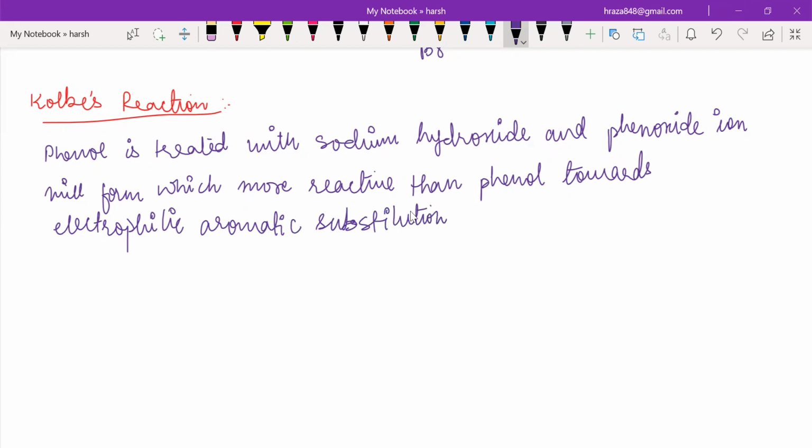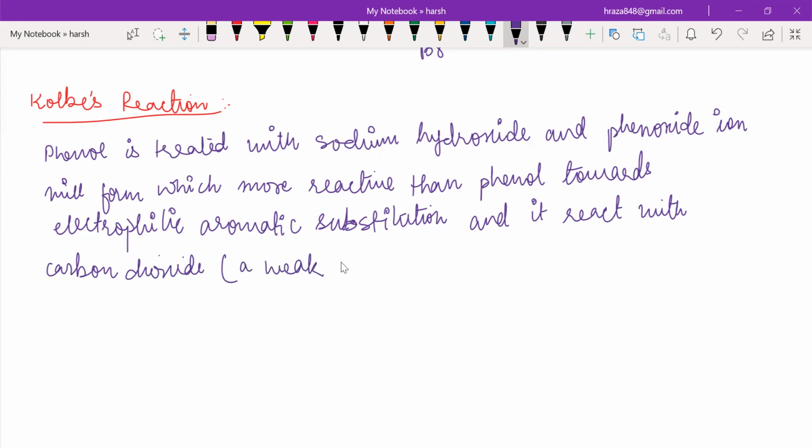Now you can see, it reacts with carbon dioxide, which is a weak electrophile.